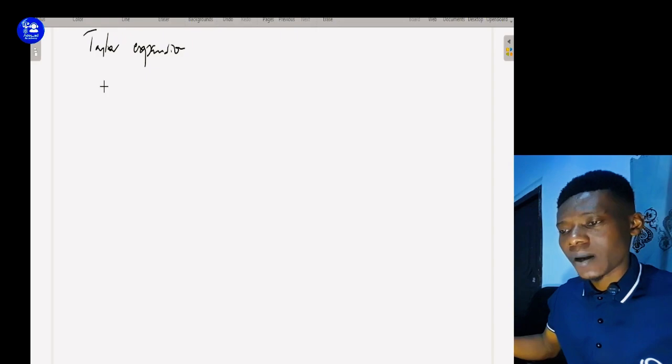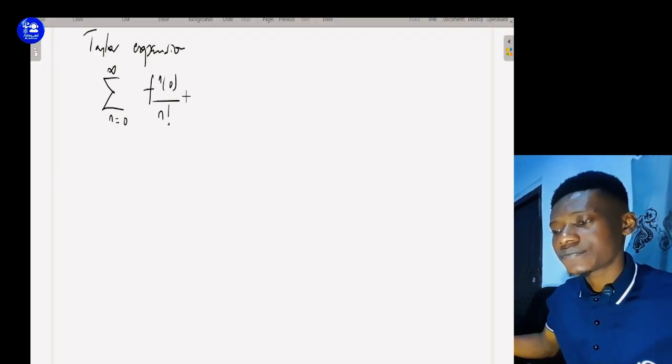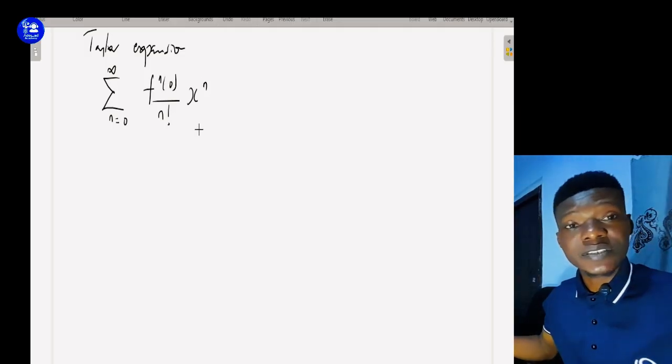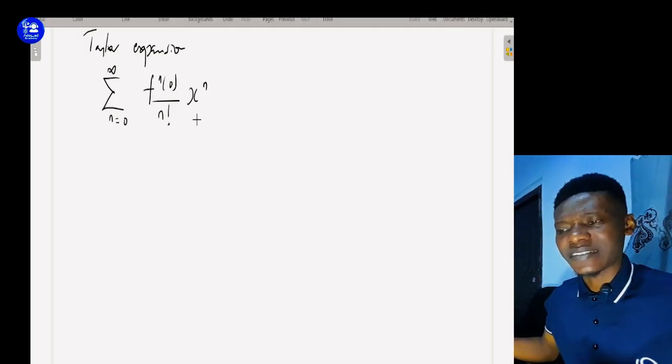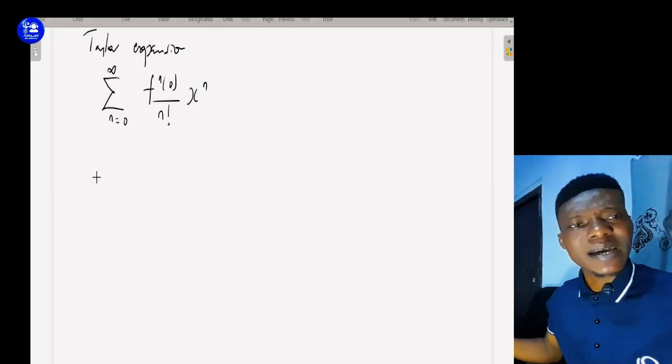On Taylor expansion, you have something like this, the summation of ... This is a special case of Taylor series that is called Maclaurin series. That is at the point where a is equal to 0. So now if you have something like this, you should be able to expand some functions in this form.